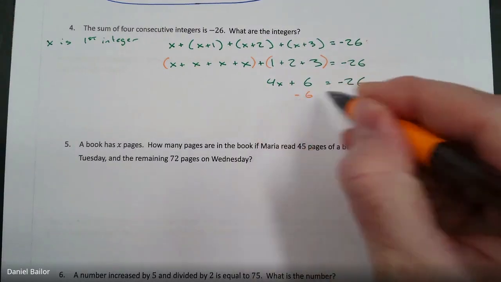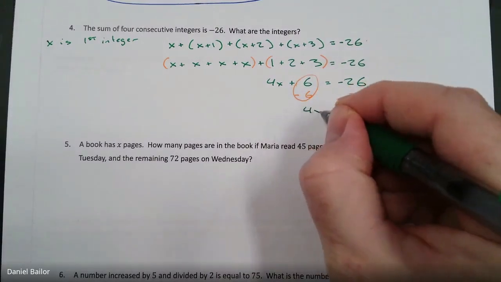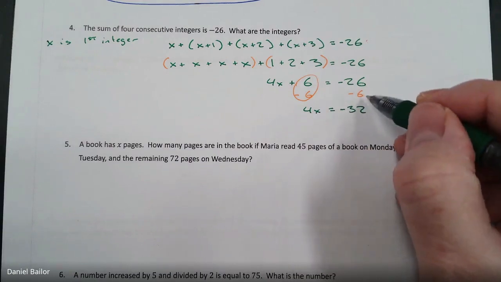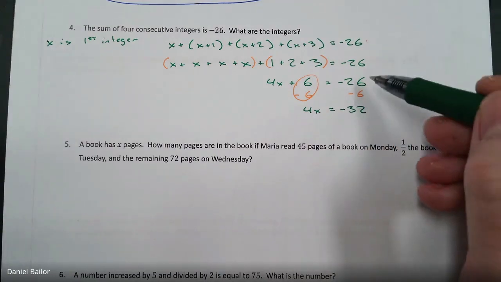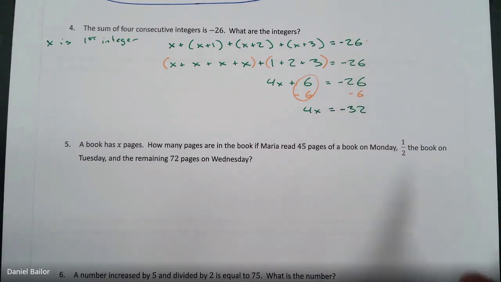Let's do minus 6 to both sides, the subtraction property of equality. Plus 6 minus 6 gives me a 0. So I get 4x equals -32. It's not 20. Some people might say 20, except this is -26 with 6 more negatives. So it's -32.